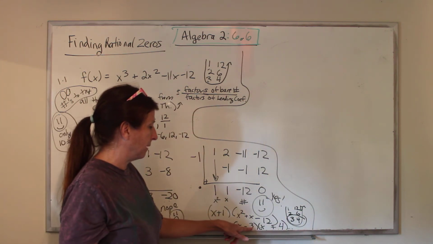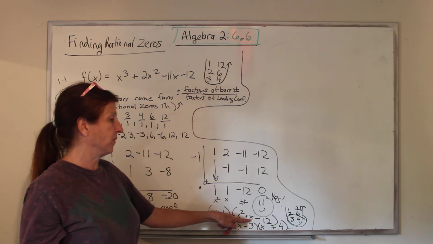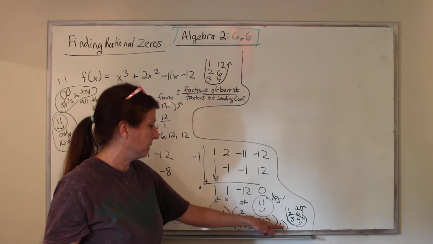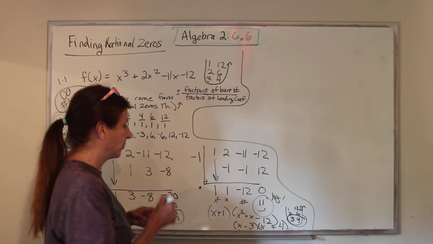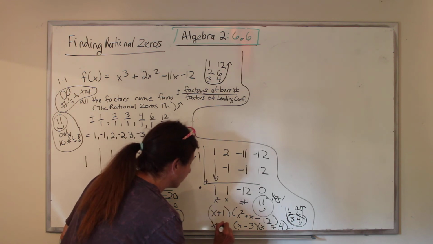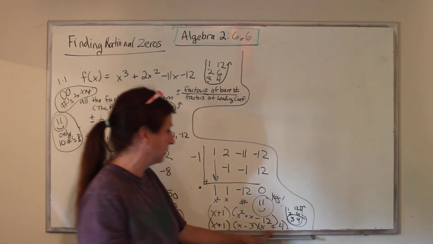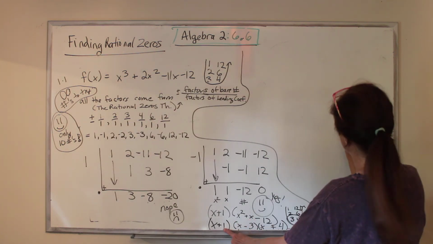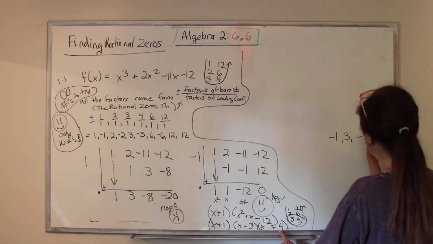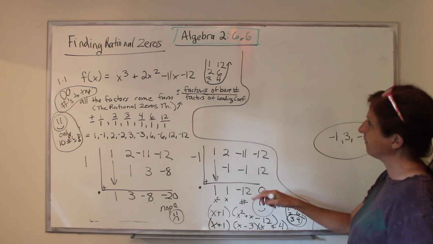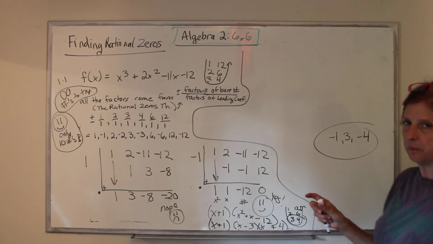So I put my 3 and my 4. The bigger number gets the sign of the middle term, so this is x plus 4, and to make this negative, that has to be negative. So my 3 factors are x plus 1, x minus 3, and x plus 4, and my solutions are negative 1, positive 3, and negative 4. If I graphed that thing, it would cross the x-axis in those 3 places.